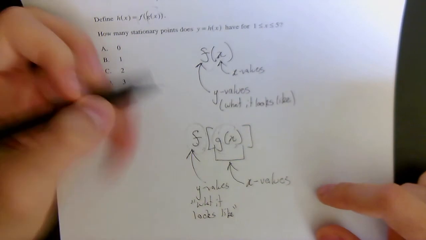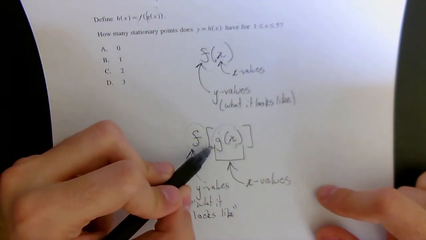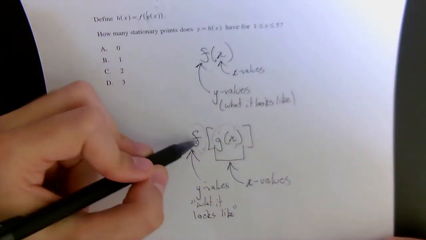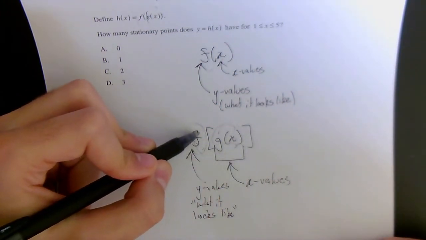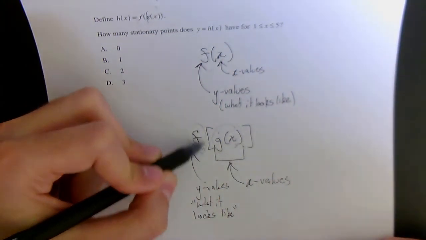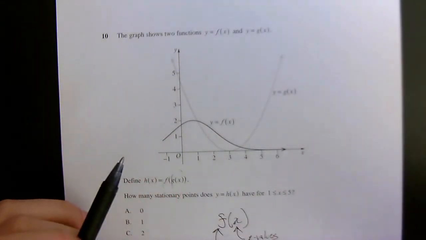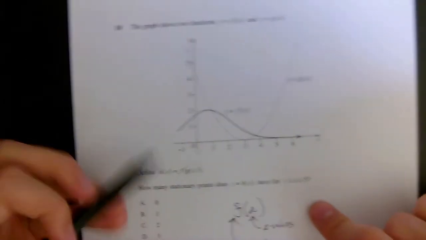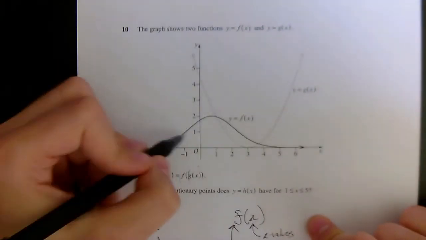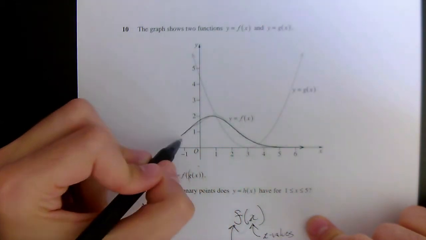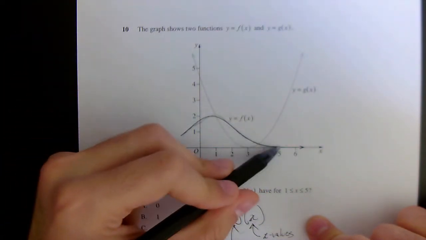This y value I then put into f of x, and what I get out is a y value which is from the f function. This means that whatever values I put into this h of x function, it's going to take the shape of f of x, okay? So it's going to have the y values of f of x.